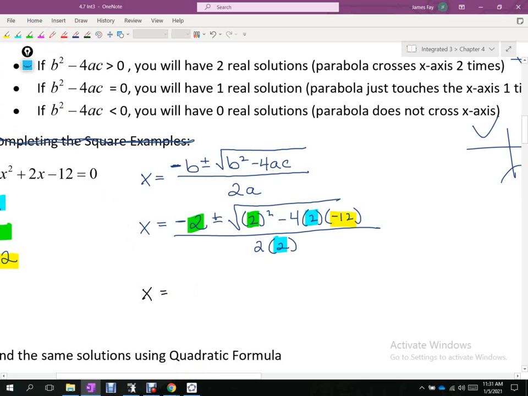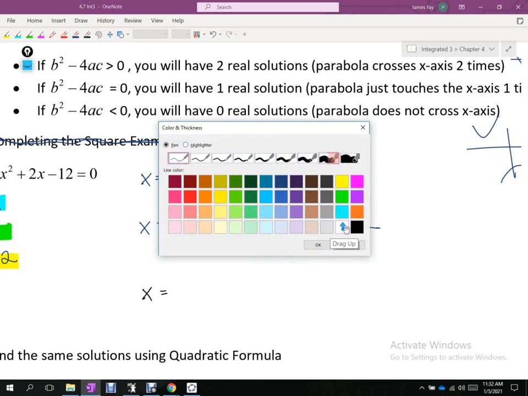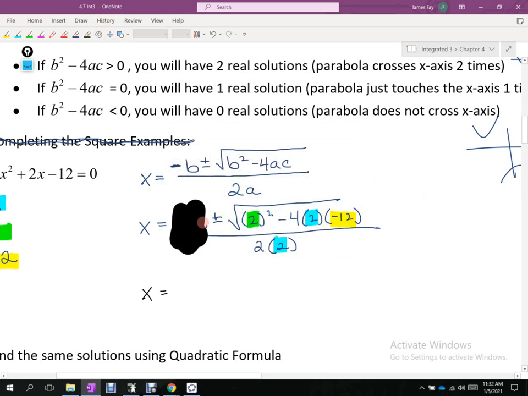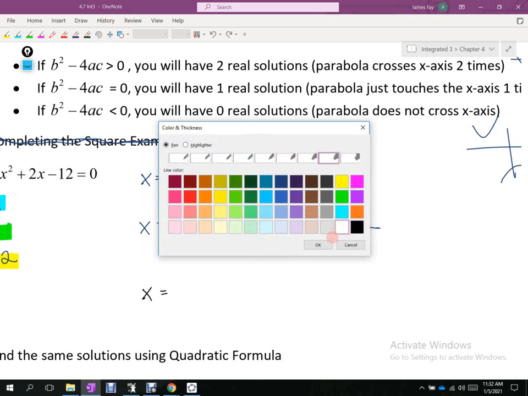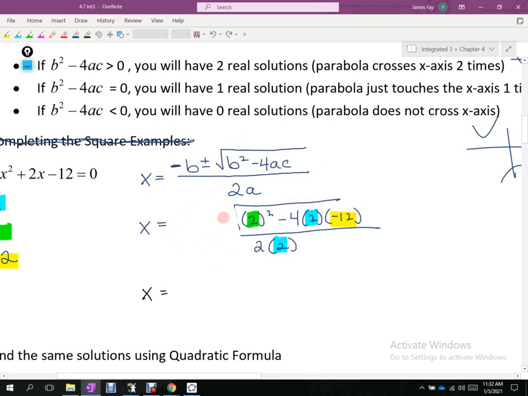And with square roots, they are actually a grouping symbol, meaning that this square root, this discriminant, needs to be done first. So I want to figure out that amount first.